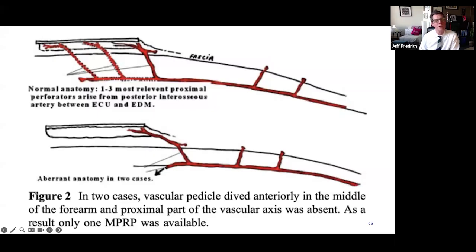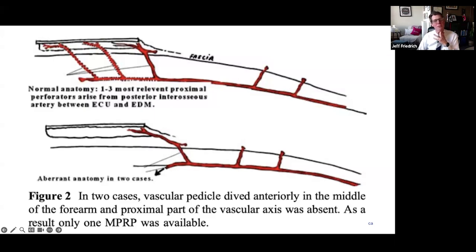Yeah. And that notion about taking all the perforators that you can, it's classically described that the quote unquote main perforator is almost at the midpoint between the lateral epicondyle and the ulnar head in terms of distance. What about more proximal perforators? Are you needing those? Are you taking those?